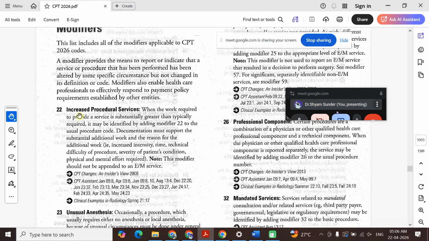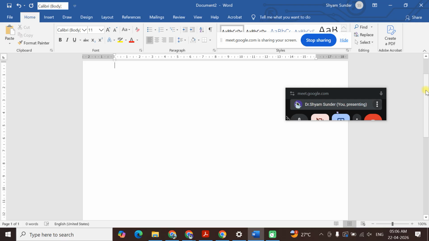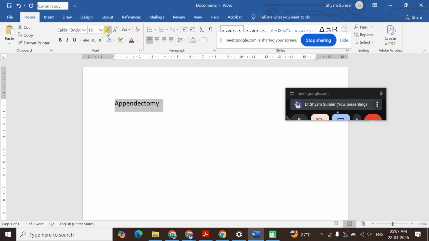Let us look at one modifier to give an example of how we assign a modifier for a CPT code. Yesterday we found the code for appendectomy. What is the code for appendectomy? 44950, and there is also 44955. Appendectomy is surgery, a major surgery where they open the abdomen, cut out the appendix and close the abdomen.